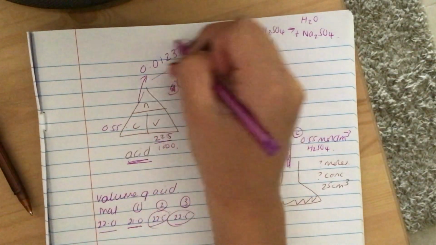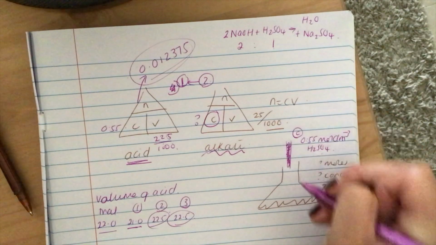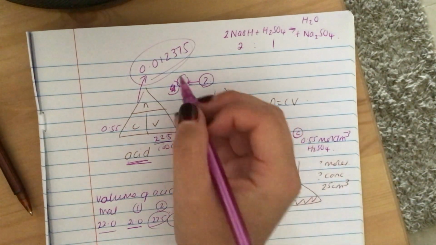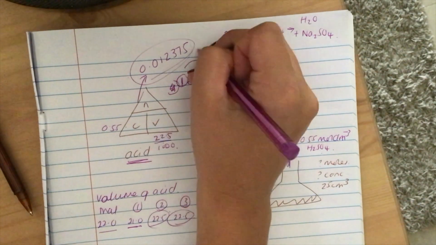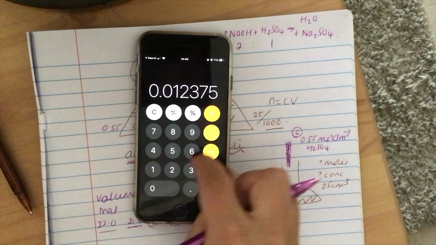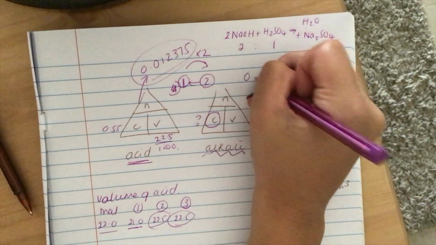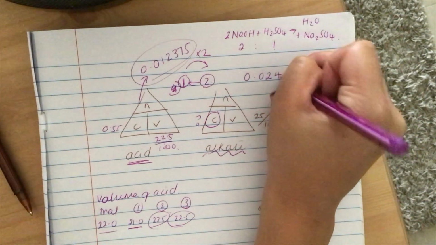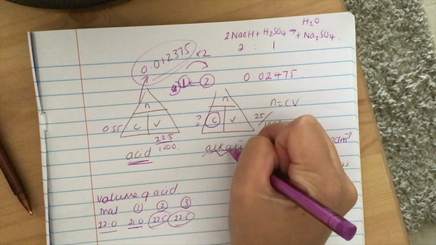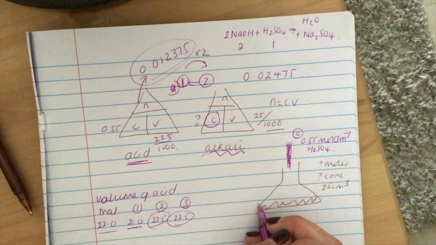So if we know we have this many moles of acid added from our burette into our conical flask, then we know that we had twice as many moles, 0.02475, twice as many moles of alkali present in the bottom of the conical flask when we started.